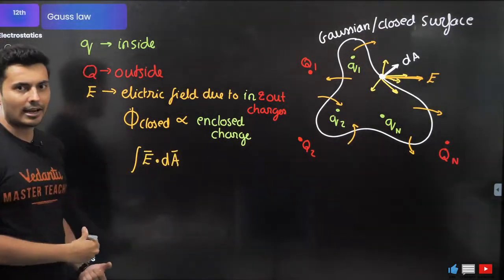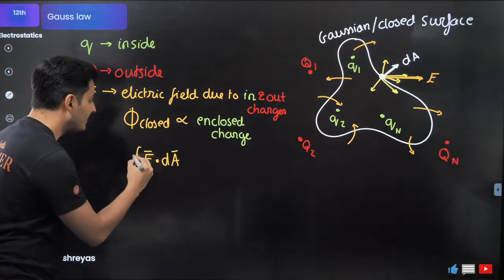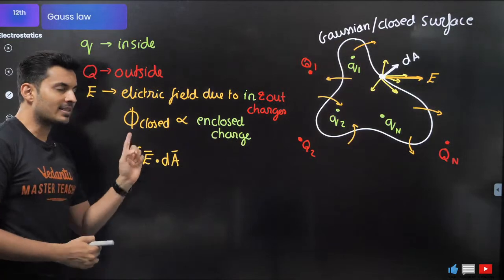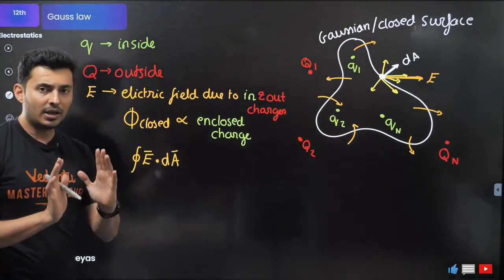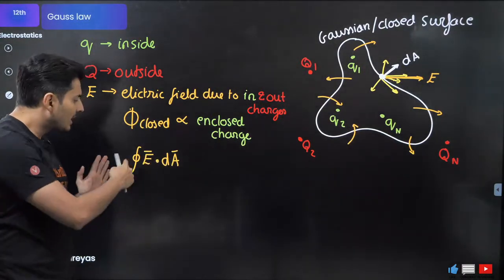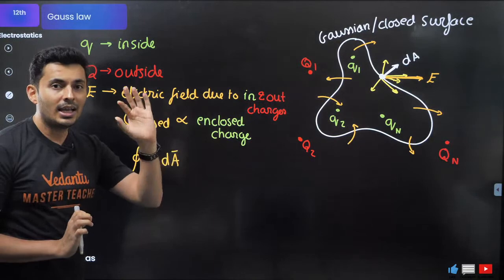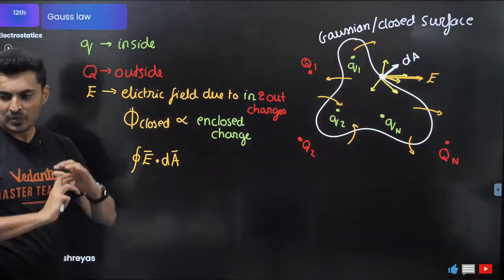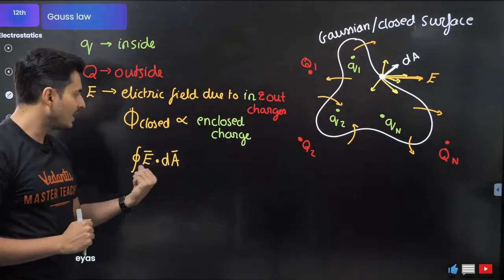Since it is a closed surface, I will symbolically put over here a cyclic symbol, just to tell the observer or user that listen, you have to integrate everything, you cannot leave any surface. The complete surface has to be considered. This is the closed surface flux.